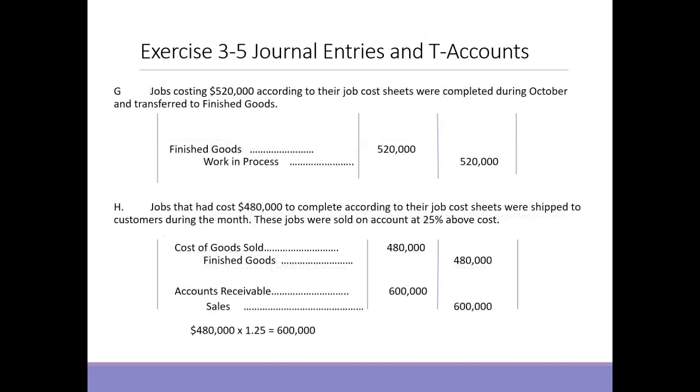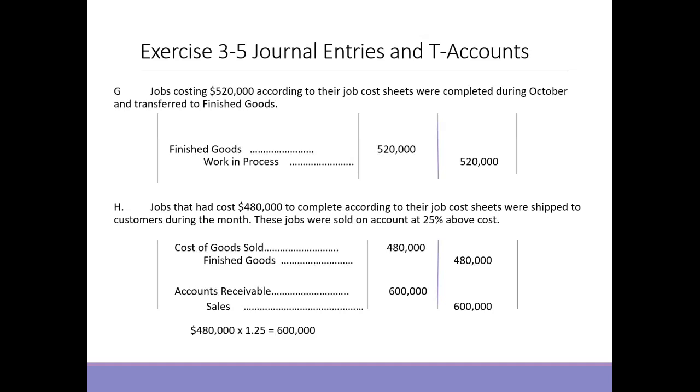Next, jobs costing $520,000 according to their sheets were completed during October and put into finished goods. So we'll credit our work in process and we debit finished goods. Then it says jobs that cost $480,000 to complete were shipped to customers.